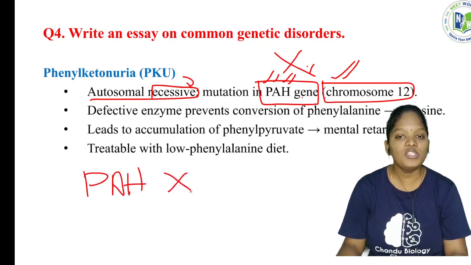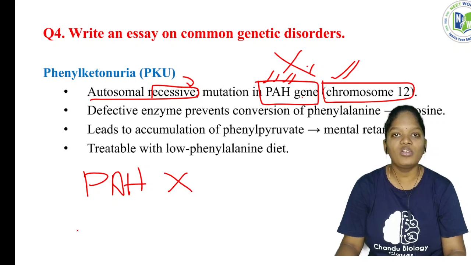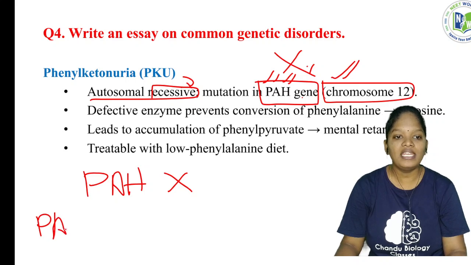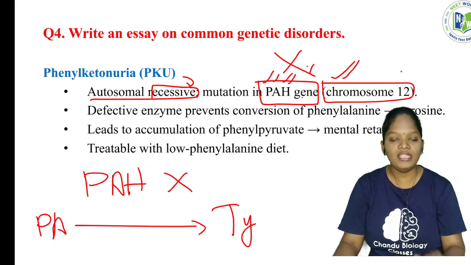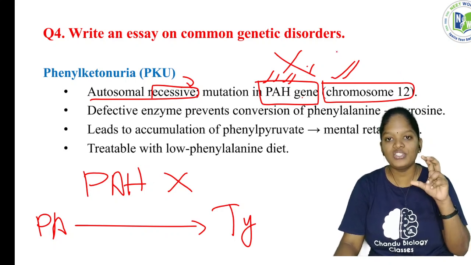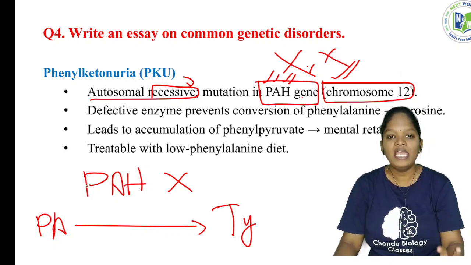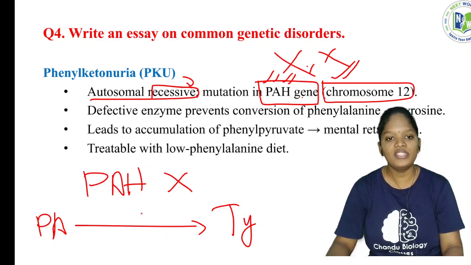If this enzyme is not functioning properly or not produced in a proper amount, phenylalanine is not converted into tyrosine. So if in this chromosome 12, this PAH gene is not functioning properly, there is no production of this enzyme.